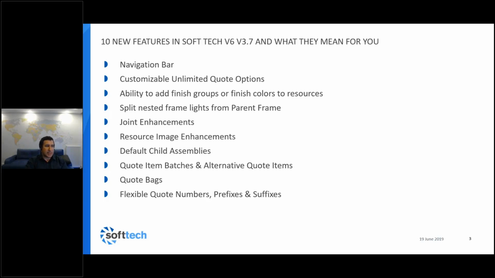Then quote item batches and alternative quote items. That may help probably the estimators. There are a couple of features which will enable users, other than the grouping, which is effectively used by customers, but the grouping is usually used for the fabrication process, and this is more for something that can be used in the sales estimation process.